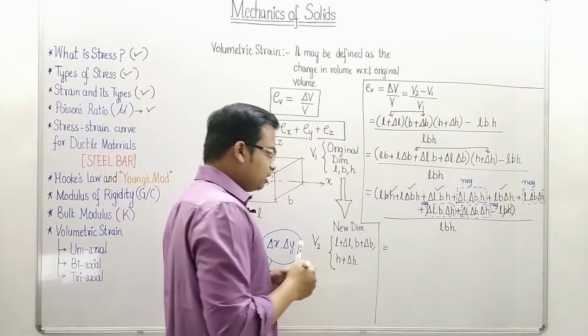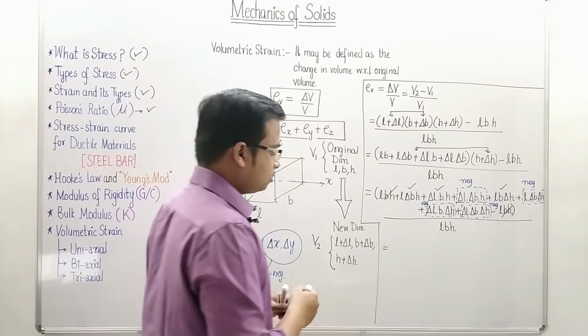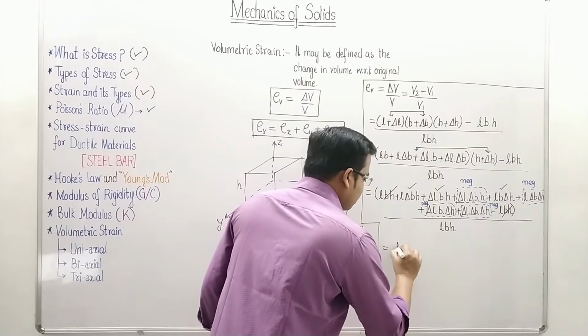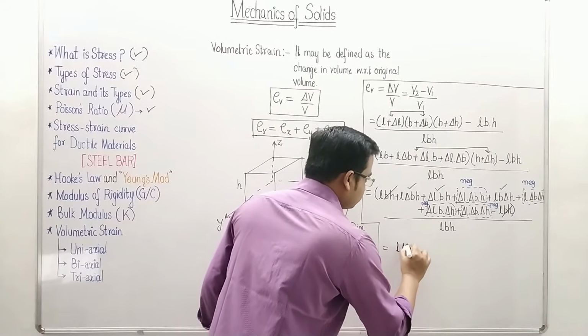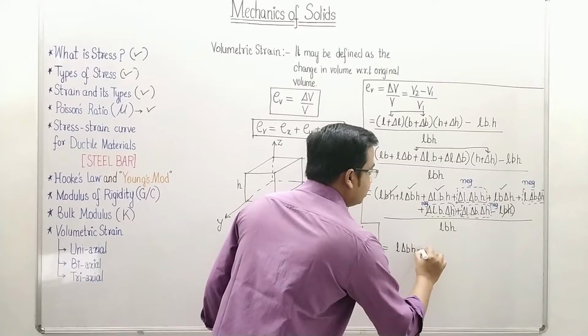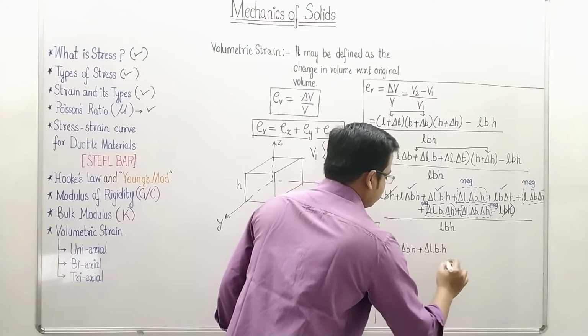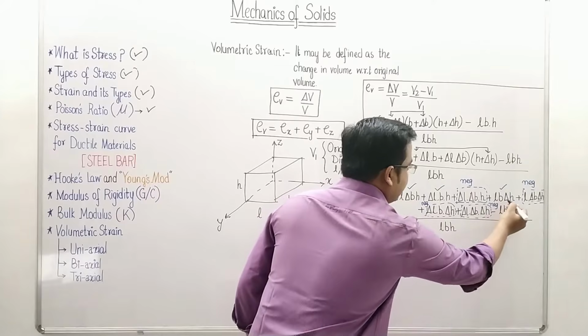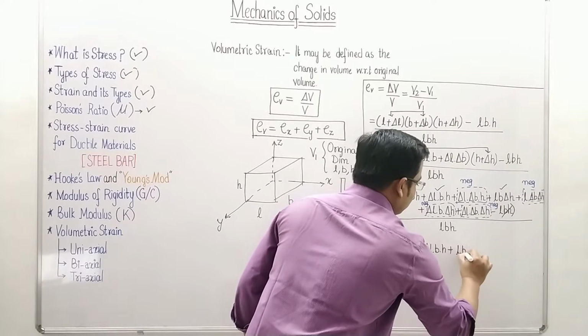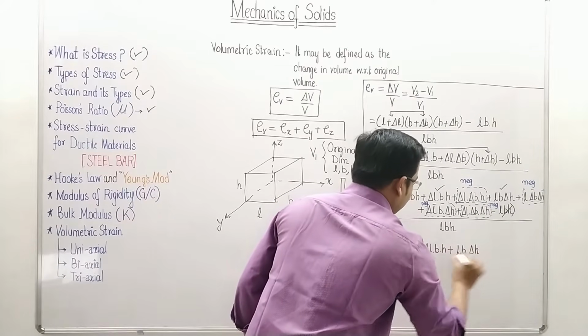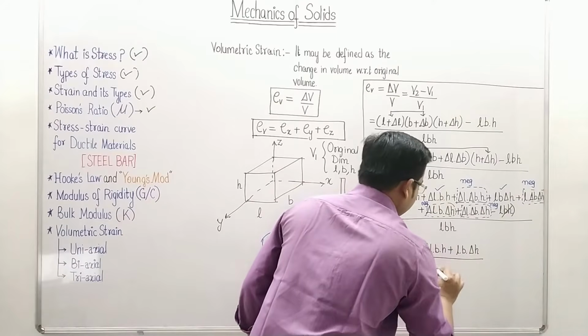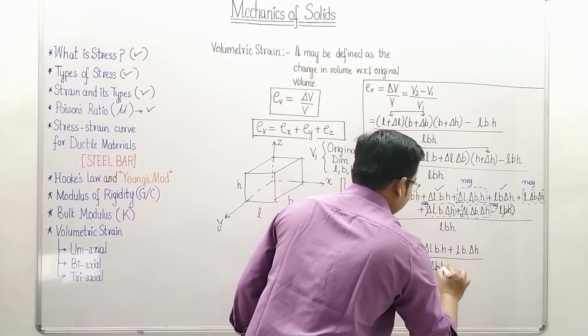And now let us write the remaining stuff. The remaining stuff is something like this. Right? Delta L times B times H, then L times delta B times H, and L times B times delta H, and all of this divided by what? LBH.